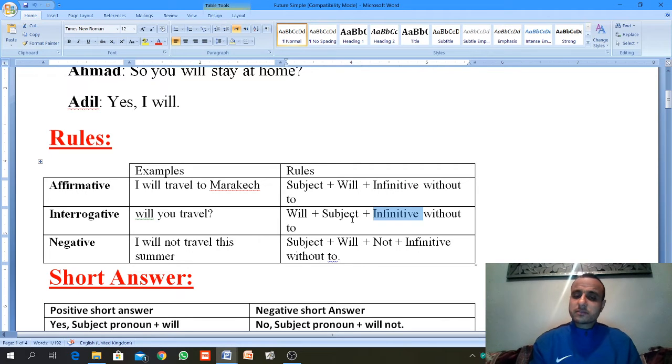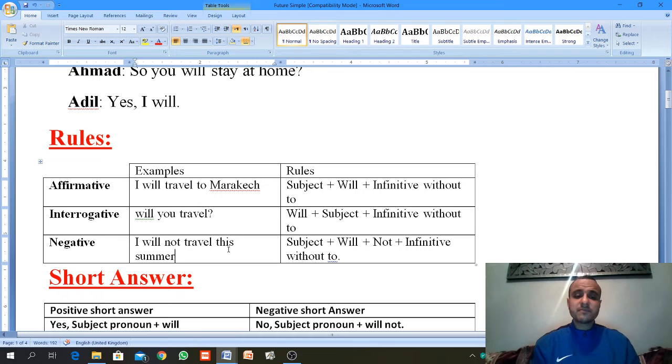So what is will? What is an auxiliary verb or a helping verb? A helping verb is a verb that helps the main verb. For example, will is the helping verb, or the auxiliary verb. It helps the main verb travel to express what? The future.